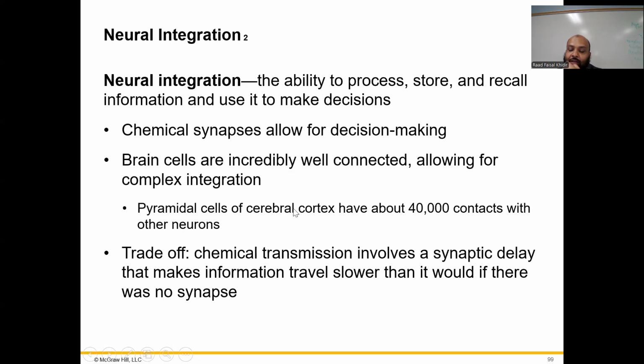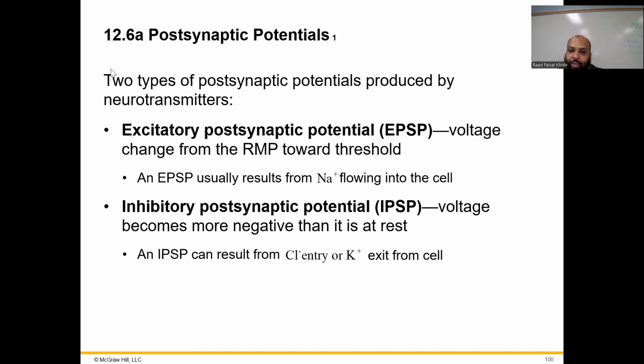The pyramidal cells of the cerebral cortex have about 40,000 contacts with other neurons. But the trade-off is that chemical transmission involves a synaptic delay that makes the information travel much slower than it would if there was no synapse.